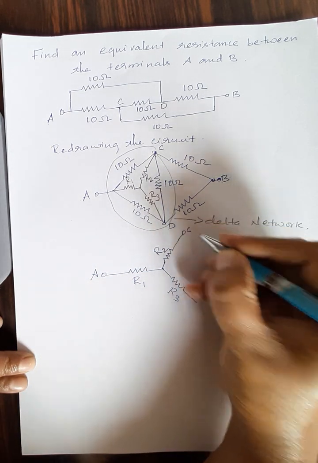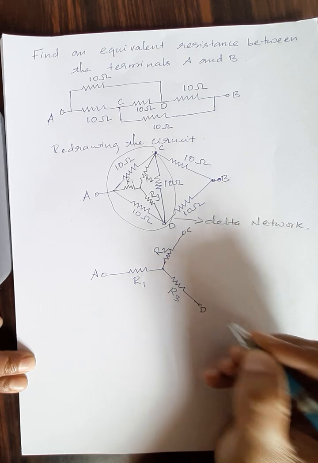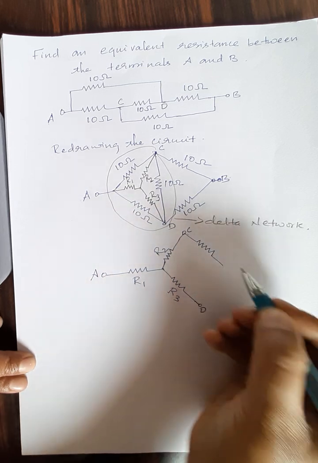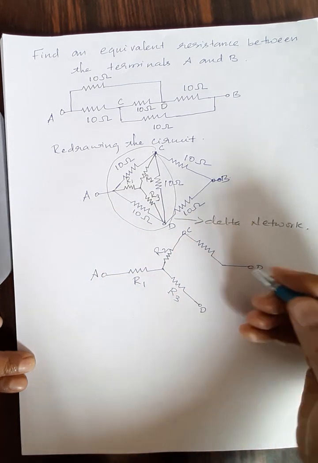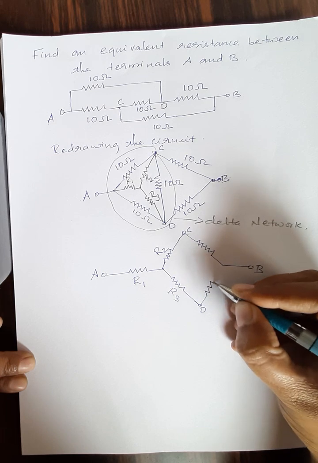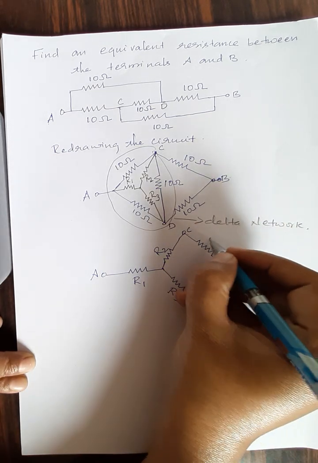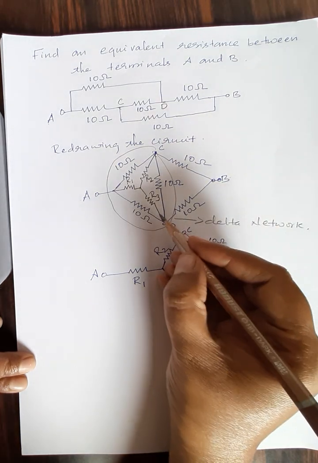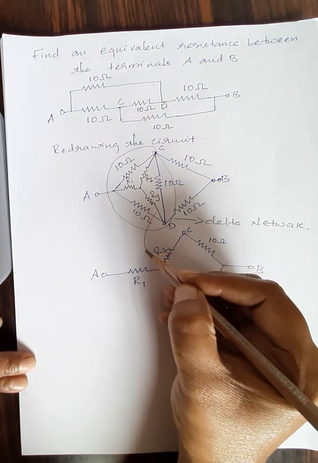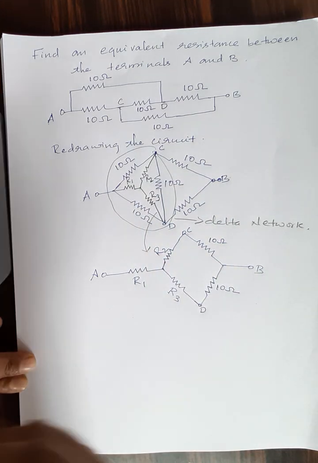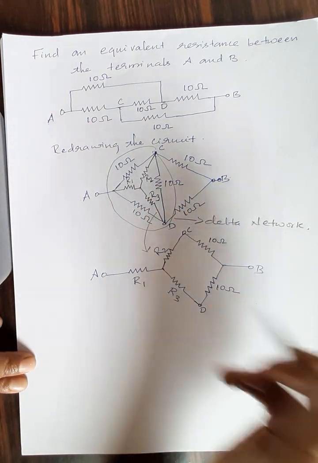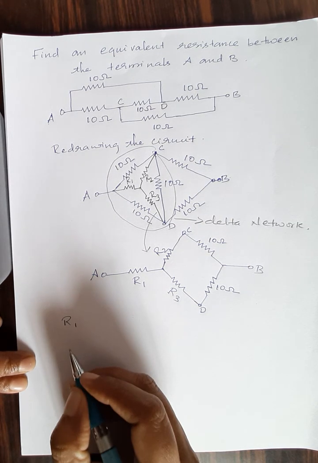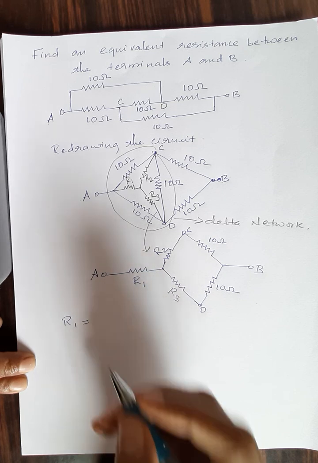This is connected to C and here it is connected to D. And this will be as it is, 10 ohm. So this is the star I have just written here, with R1, R2 and R3. Now you have to find the values of R1, R2 and R3.